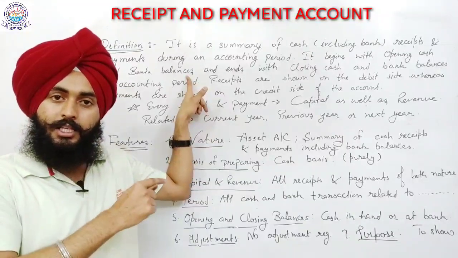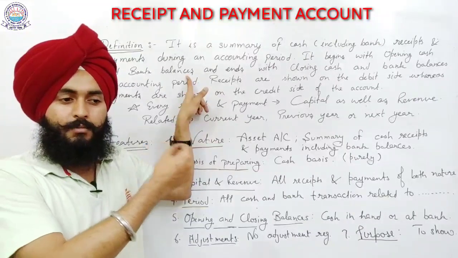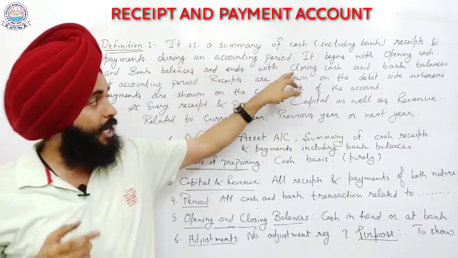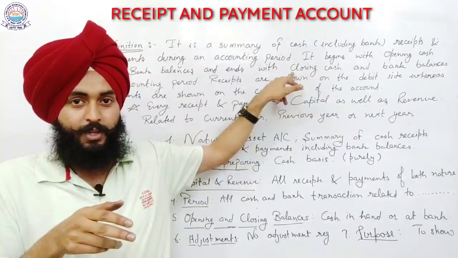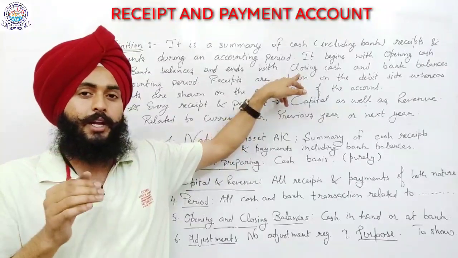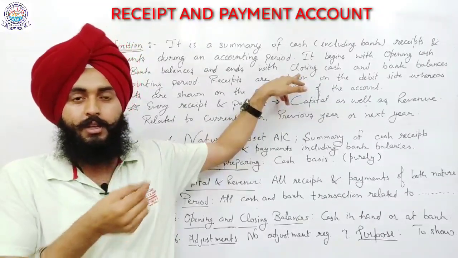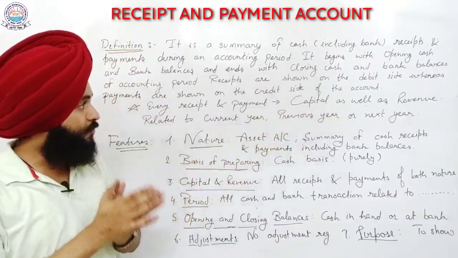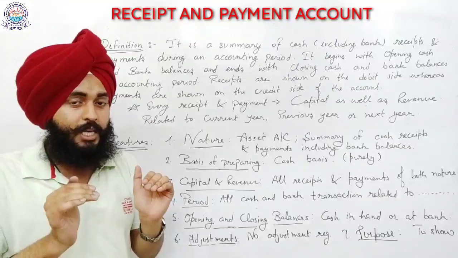Similarly, in this account also we write cash in hand or cash at bank at the opening and in the closing also. While closing the account, if there is any kind of balance, we will write cash in hand or cash at bank. Okay, and there is one more thing, please listen to me carefully.